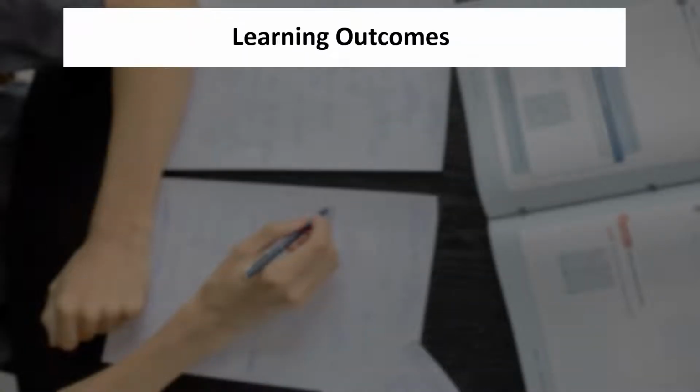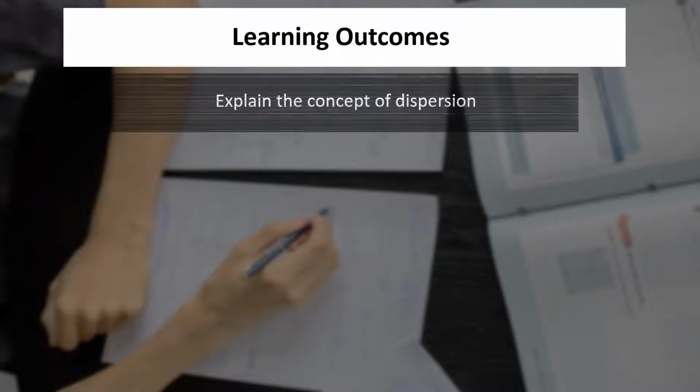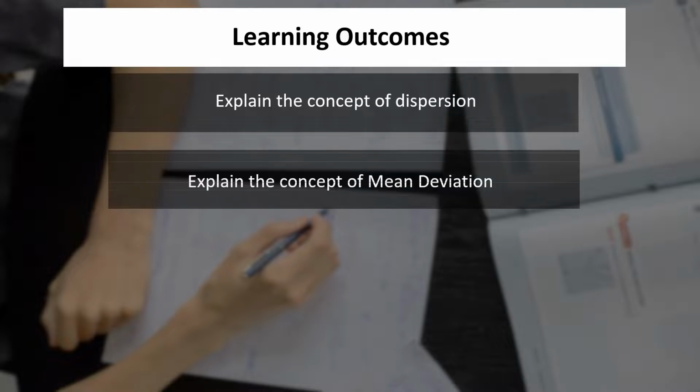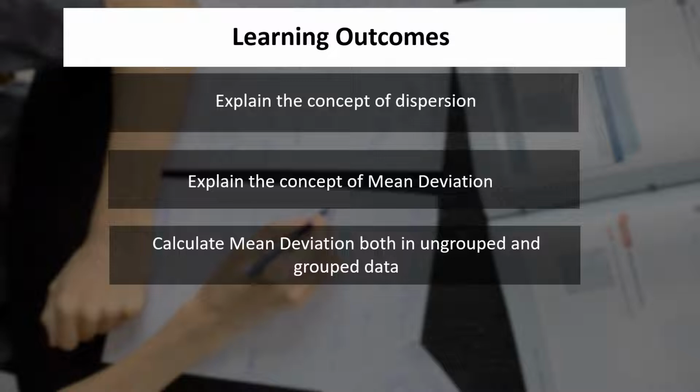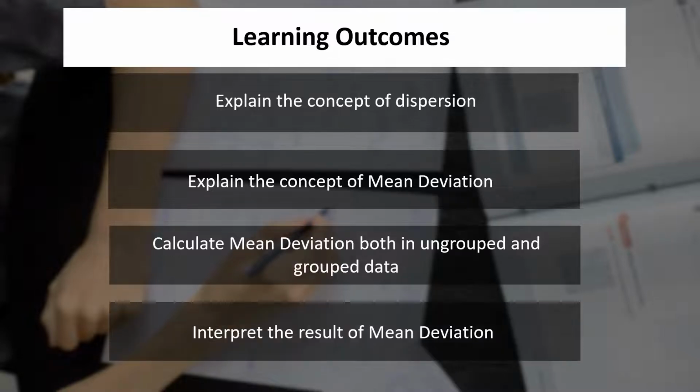So friends, now let us focus on some of the learning outcomes of this module. First of all, after going through this module, you will be able to explain the concept of dispersion, and explain the concept of mean deviation. Then you will be able to calculate mean deviation both in ungrouped and grouped data. And further, you will be able to interpret the result of a mean deviation.